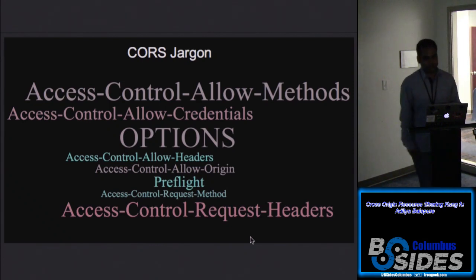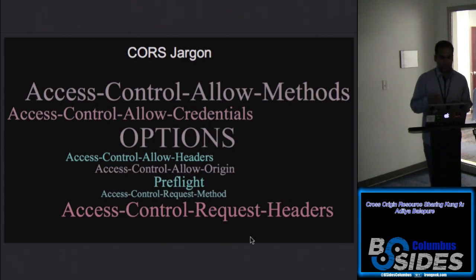Is he allowed to make that request? So the browser checks that, the cross-origin server responds back, hey, you're allowed to make this credentialed request, and we're going to cover some examples of that as well. But yeah, these are pretty much the core terminologies you need to be aware of in order to understand the deeper technical examples.